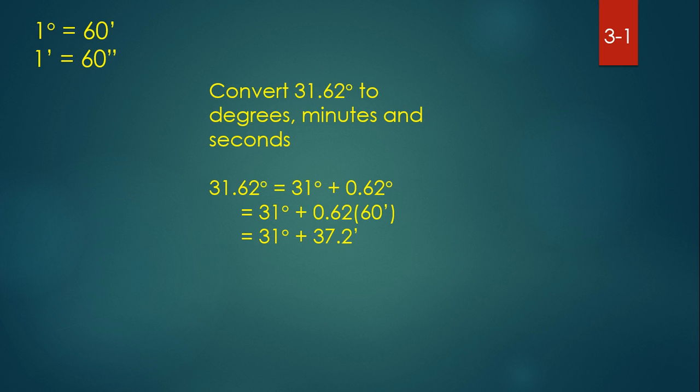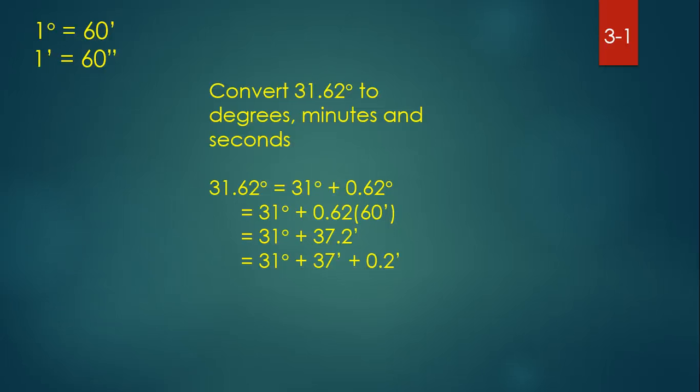That means we have 31 degrees plus 37.2 minutes. Now the 37.2 minutes is not a whole number of minutes, but the 37 part of that is. So we could say we have 31 degrees, 37 minutes, and 2/10 of a minute.